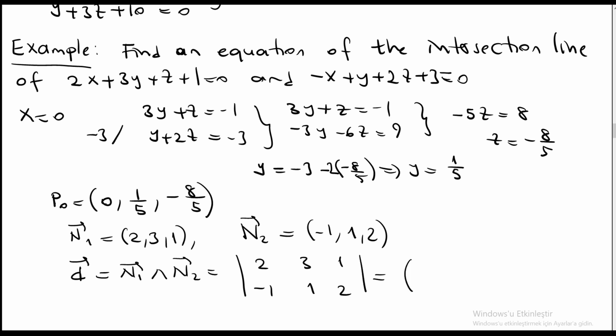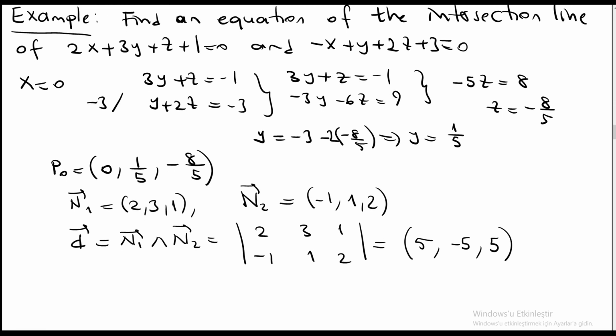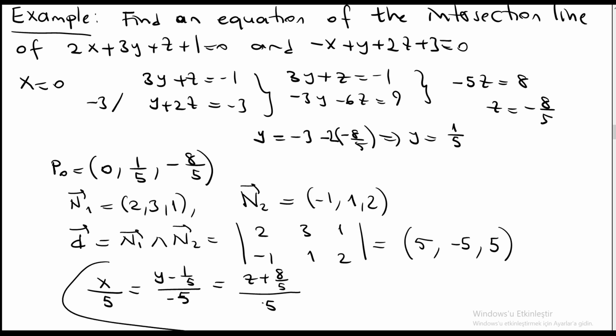From here you have 5, negative 5 and 5. So then we find the common line: x over 5, y minus 1 over 5 over negative 5, and z plus 8 over 5 over 5. This is the intersection line.